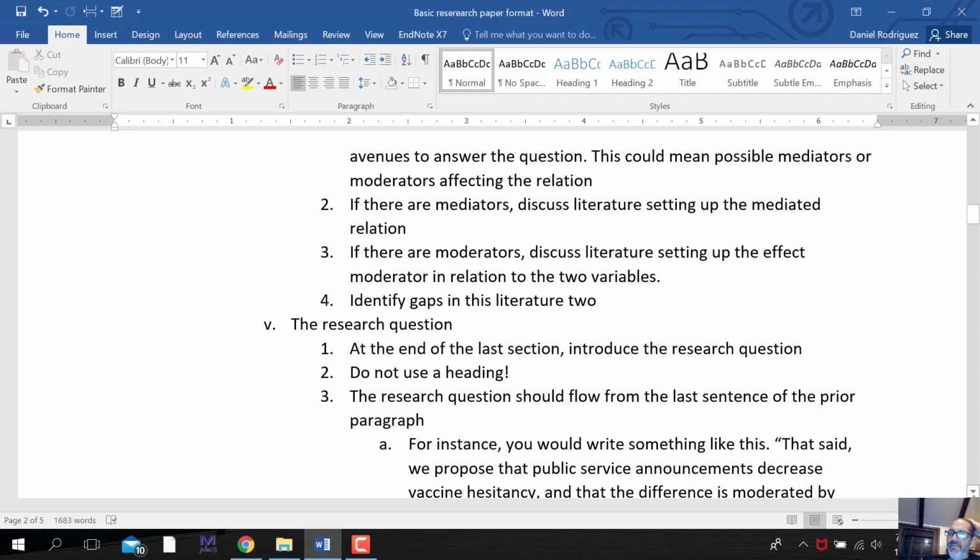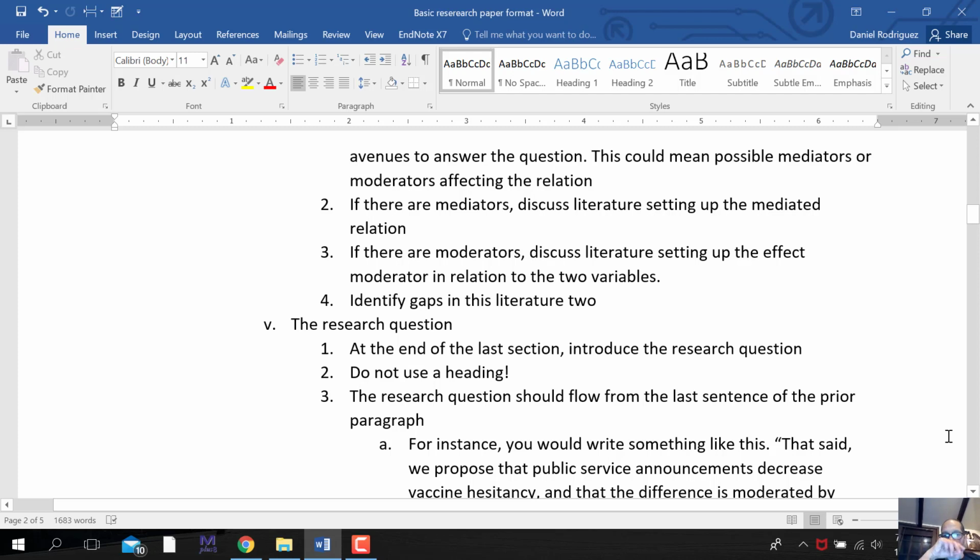And you're thinking, I wonder if hearing a public service announcement influences one's beliefs about the efficacy of science, and that decreases vaccine hesitancy. This light bulb goes off, right? And you're like, wow, I found something that might be a potential mediator. So if you have those mediators, you need to discuss them as well.